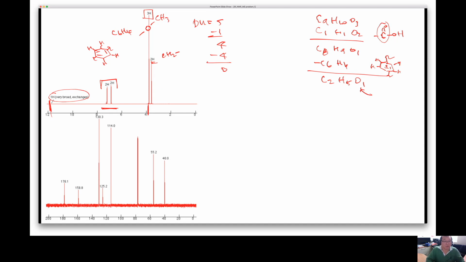Also, what supports the carbon next to the oxygen is this: if this were also next to an oxygen, it should be somewhere in these regions. But we only see the one carbon-oxygen peak in these regions, right? So that means this may not be an oxygen next to it. It's just something electron withdrawing.